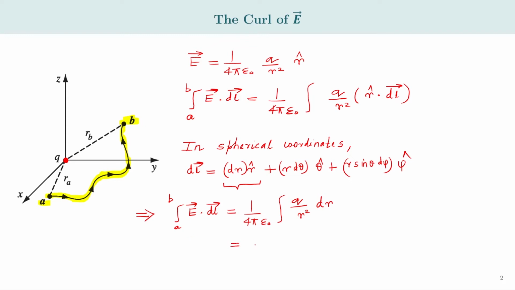And this is equal to negative of 1 over 4 pi epsilon 0 Q over R from RA to RB. That is the position vector of point A and the position vector of point B. And this turns out to be equal to 1 over 4 pi epsilon 0 then Q over RA minus Q over RB.